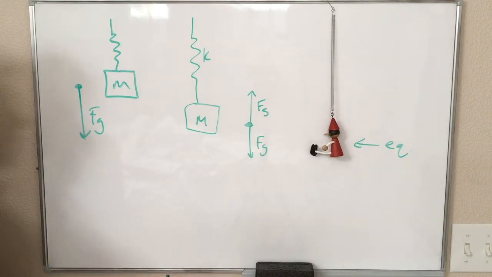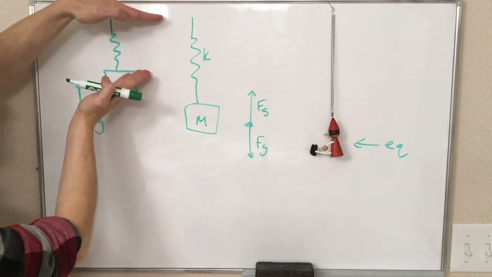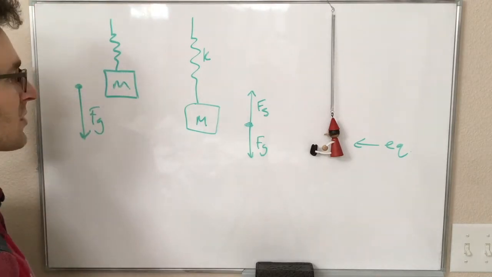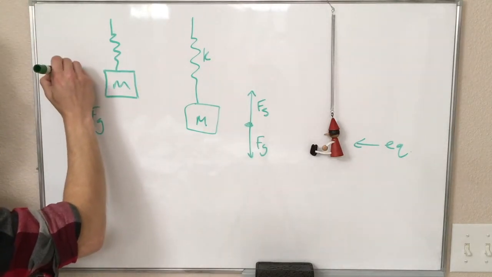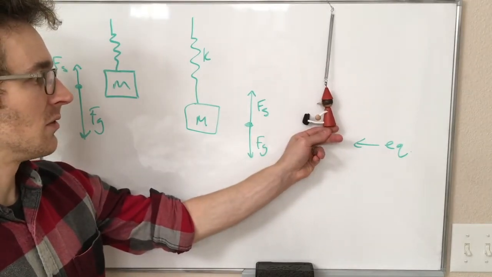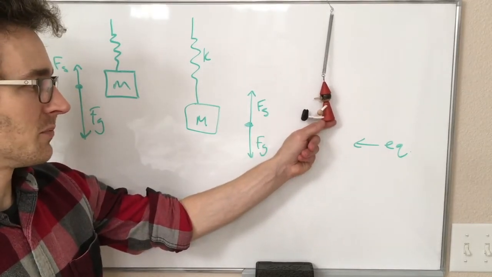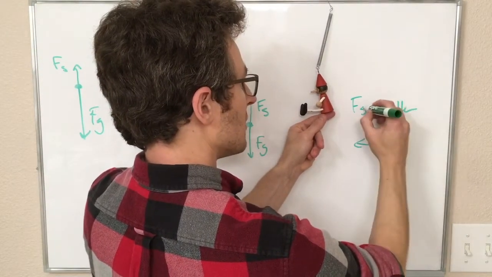But my spring, now instead of being this long, it is only this long, which means it is going to be exerting less upward force. So I have a smaller spring force upward if this is above its equilibrium position. So up here, Fs is smaller.